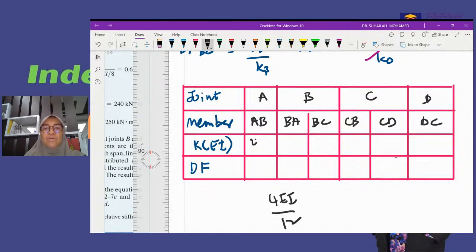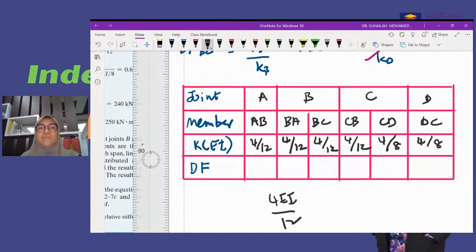So it is 4 divided by 12, and these two are the same value. For BC and CB, again it is 4 over 12. And for CD, it is 4 divided by 8, since the length is 8.